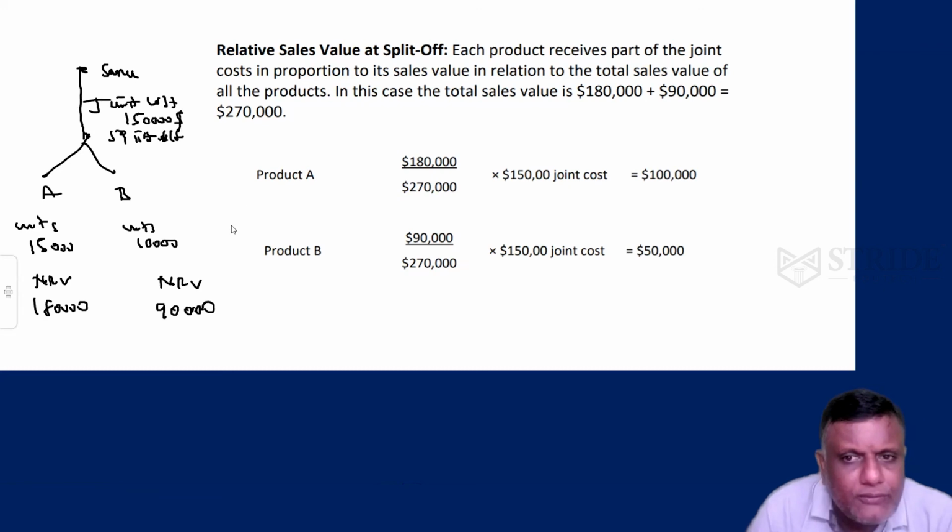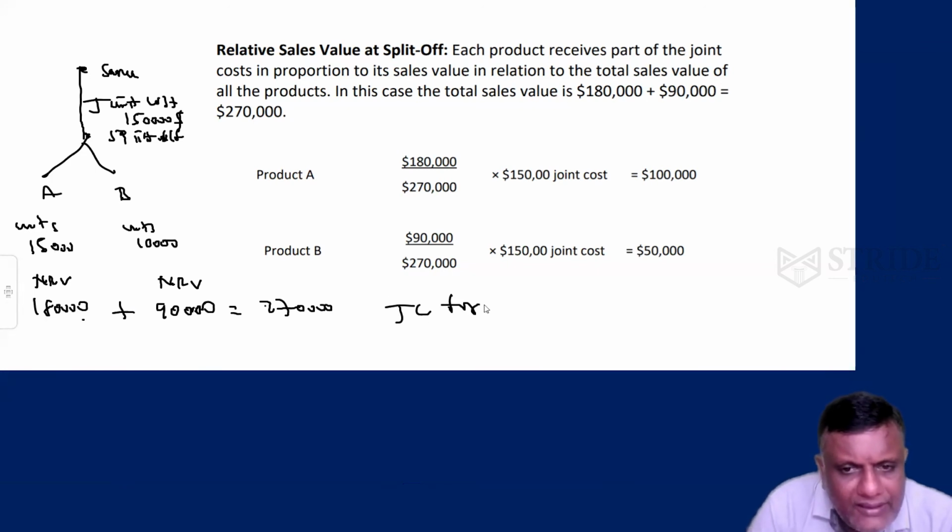How is it to be split off? Based on the NRV values, 180 plus 90, the total is 270,000. The joint cost for A is $150,000 into 180,000 by 270,000.